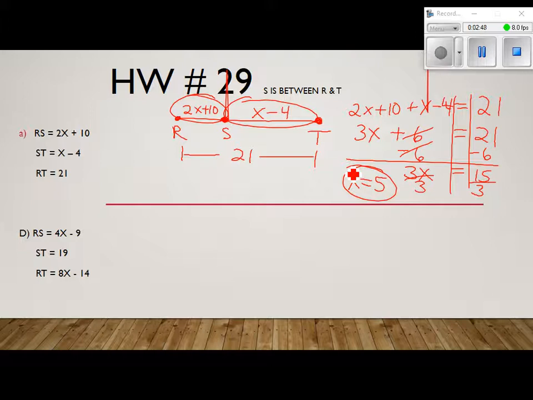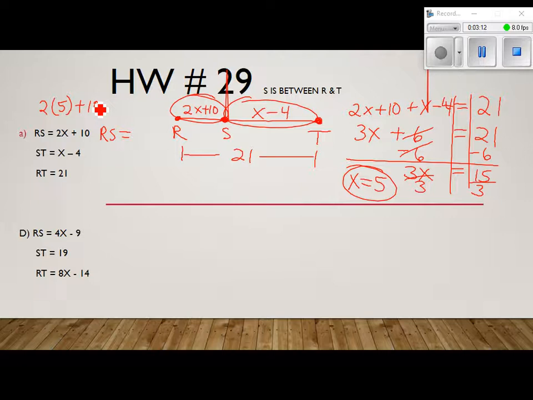A third point. Then I think maybe they ask you to find all the segments or something. Is that what they ask us on this one? Yeah. So we want to find RS. To find RS, all we do is we take this 2x plus 10, and we take out x, and we plug in 5 in its place. What's 2 times 5?